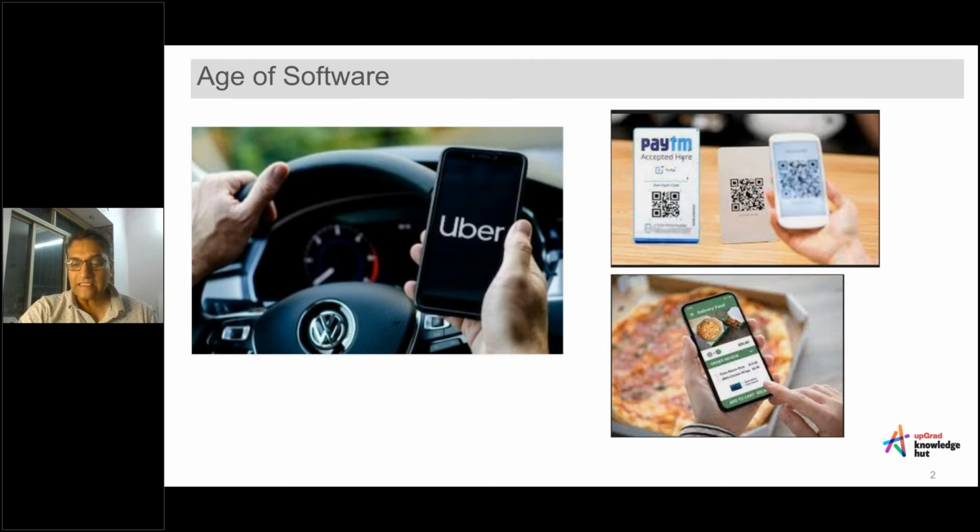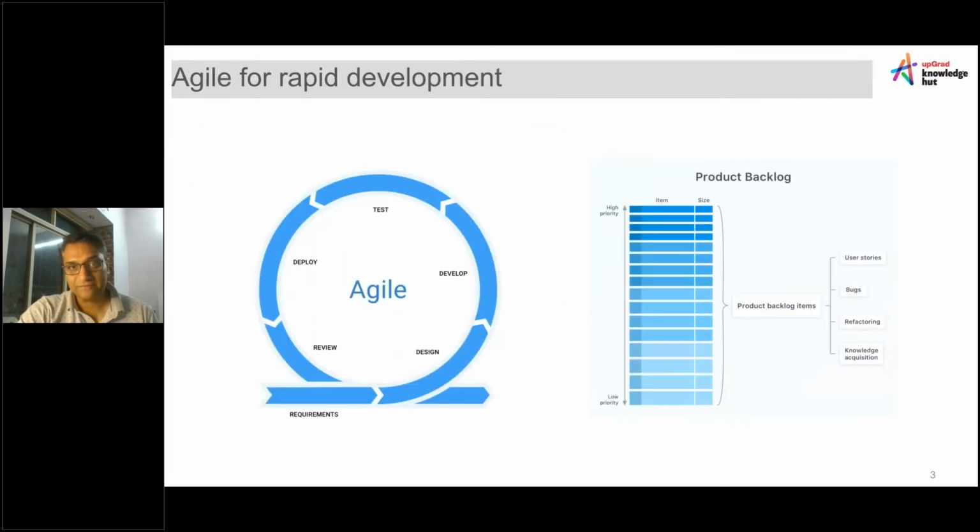And one of the key things in this fast, rapid-paced age of software is that you need to do rapid development. It's quite obvious that many of our industries are currently looking at agile as one of the ways to improve flow, one of the ways to bring about the quick transformations that are needed. As we know, agile has been in the industry for many years.